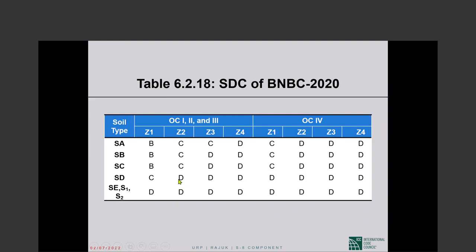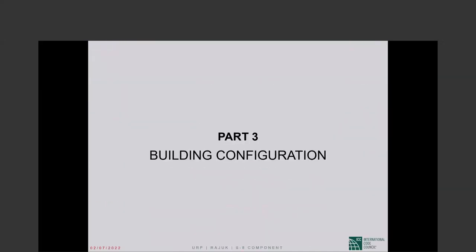If your site class is D, which is mostly true in the newer parts of Dhaka, then your seismic design category is D. Okay, occupancy category 2, zone 2, site class SD, your design category is D. So most buildings in the newer parts of Dhaka, you will see the design category is D based on this table. Very, very important table in BNBC. They essentially give the design category to you.